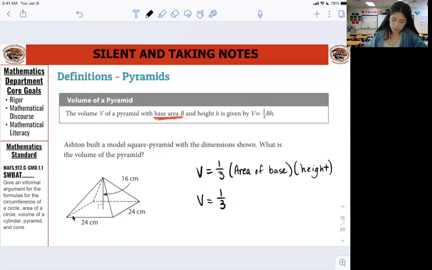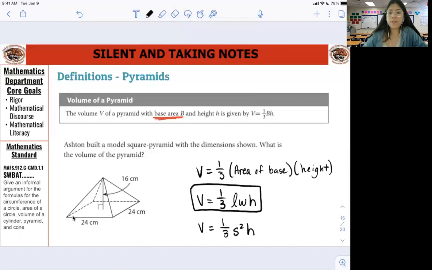Good, S squared. And we can also write that as length times width. So length times width times height, you can also write it as S squared times height. Both of these work, but this one's the one that you're probably going to see the most often. The length times the width times the height divided by 3, 1/3.